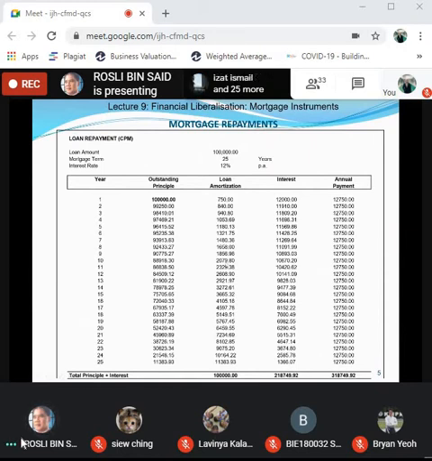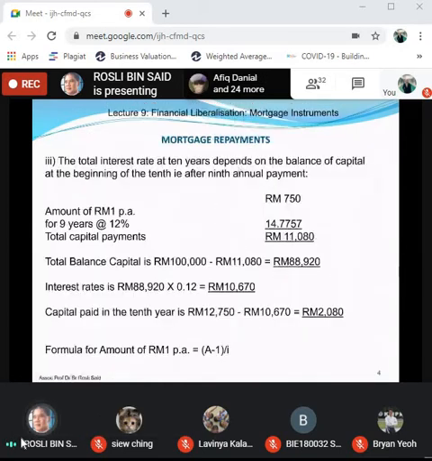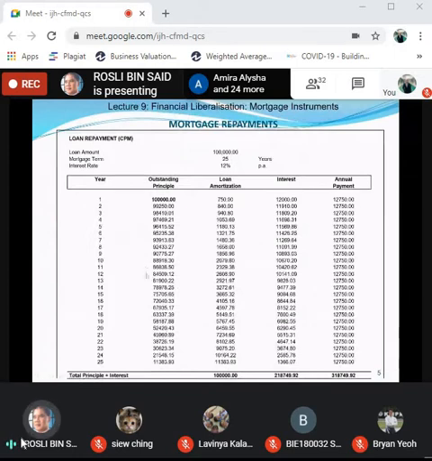and the capital that we are amortizing is 2,080. So we check here. So basically the capital paid is 2,080, and the interest is 10,670, and the total balance is 88,920.